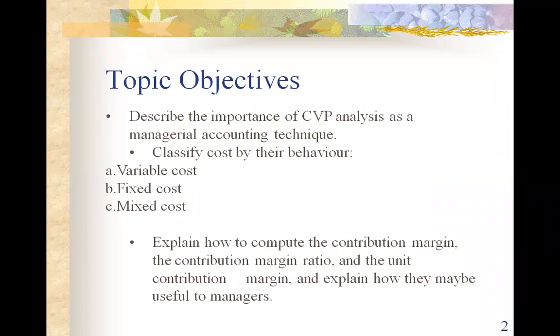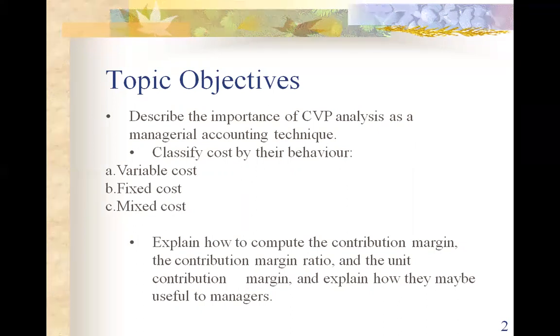For example, factory rent is 50,000 taka per month. So if you produce 5,000 units in that factory, still the price is 50,000. If you produce 10,000, still the total 50,000 cost is the same, but the per unit cost changes.